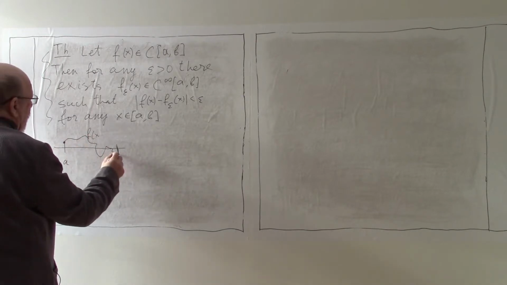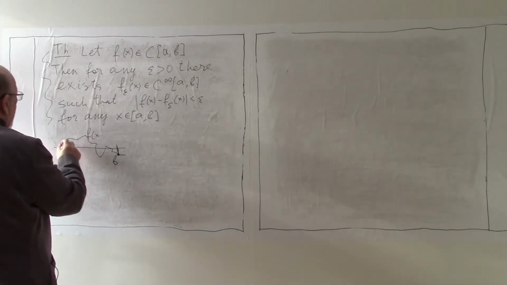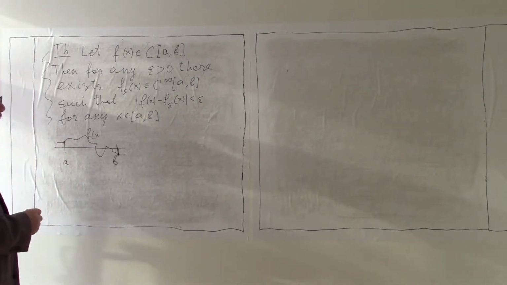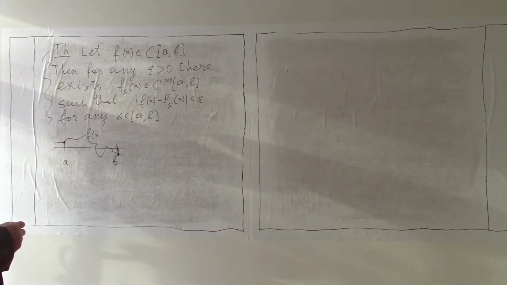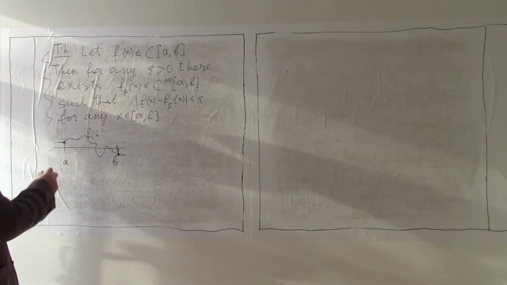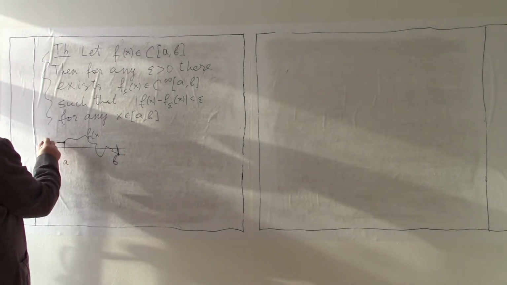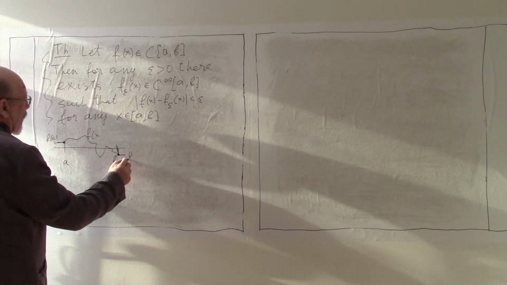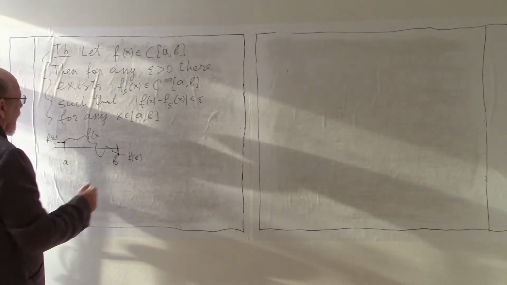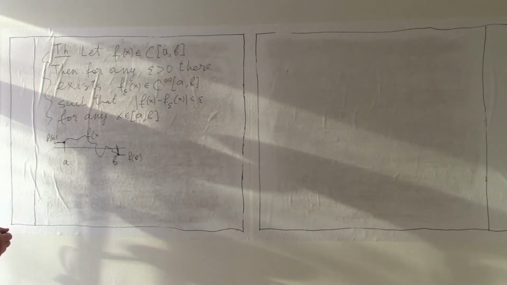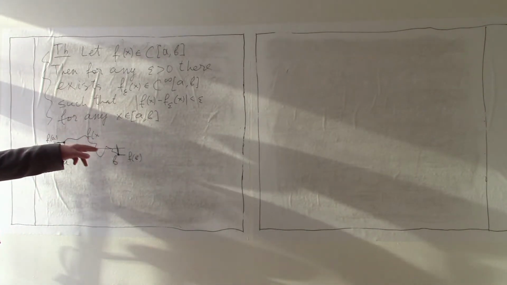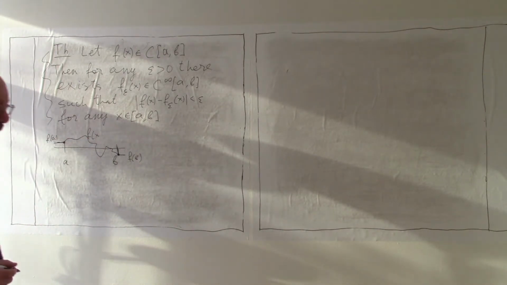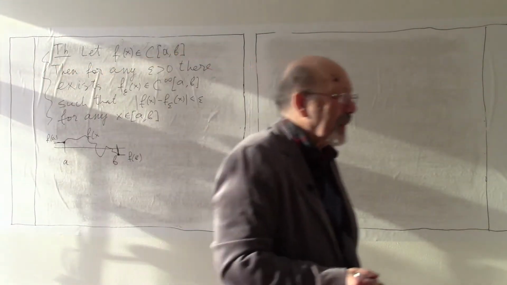I want to continue it outside the segment AB a little bit. Say here it is f of A and here it is constant f of B, so that the function is defined a little bit outside the segment AB.